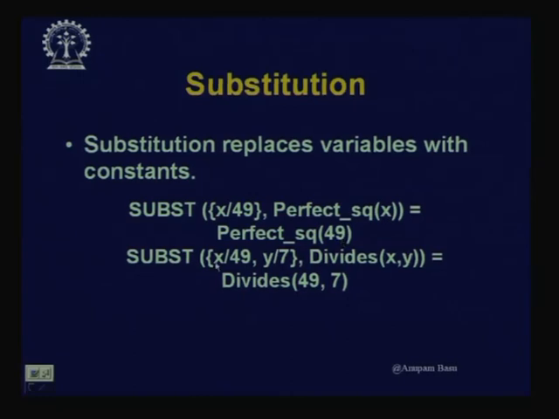Okay. Substitution of x with 49 and y with 7, look at this notation. Then divides x y with this particular substitution will reduce to divides 49 7, where 49 replaces x and y is 7. So, 7 divides 49.